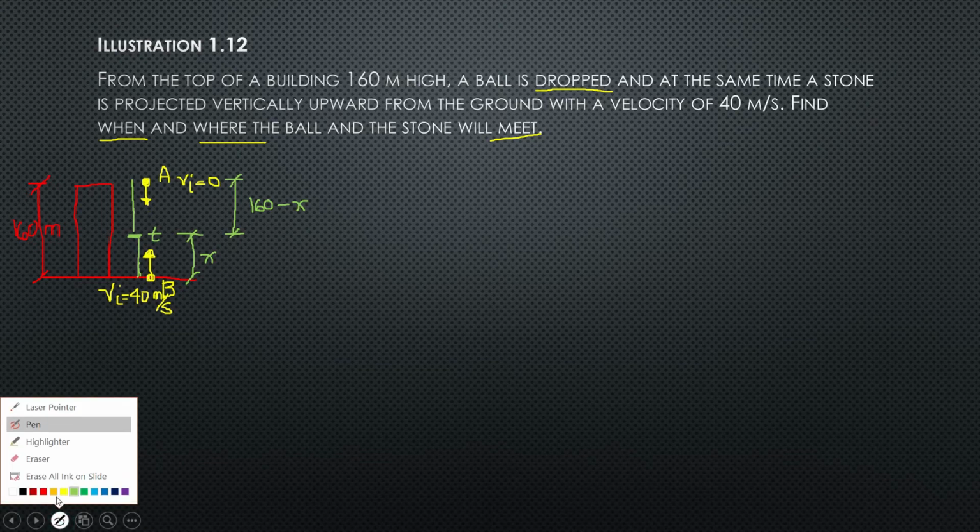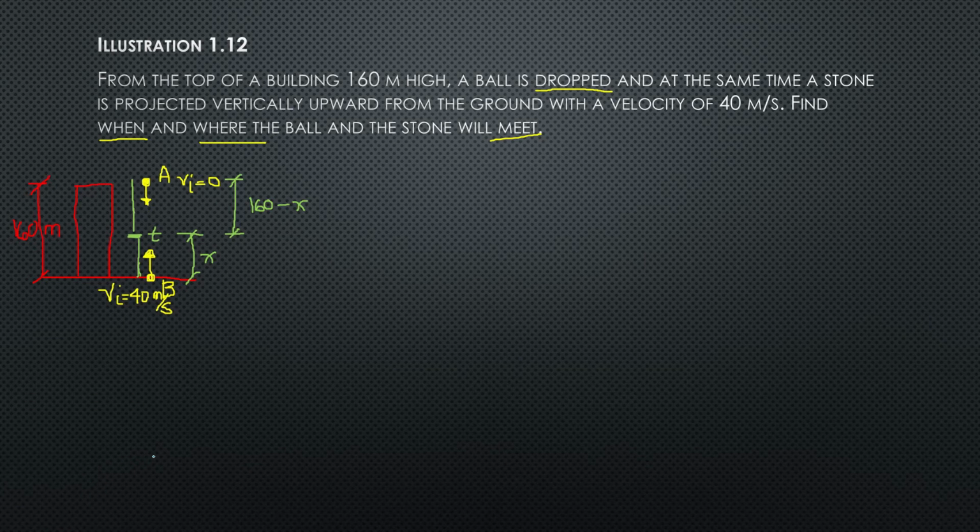So I'm going to solve this one. Let's see, for the ball. So let's say for A, for the ball. Using displacement, s is equivalent to initial velocity multiplied by time minus 1/2 gt squared. Okay, so s is the initial position of the ball.